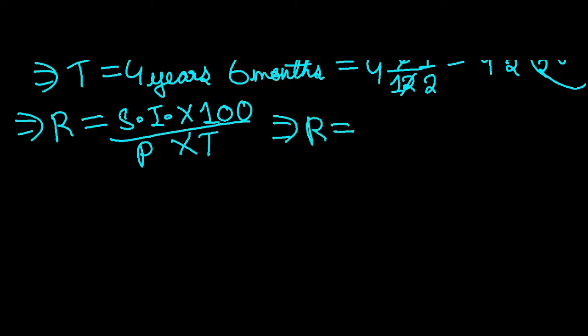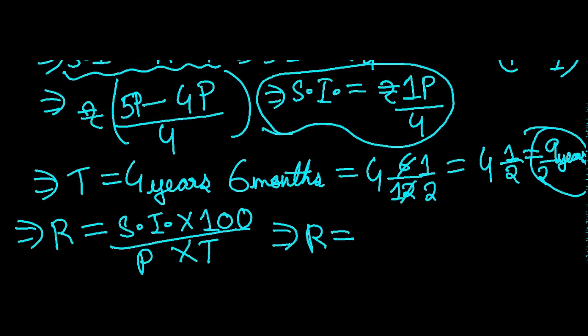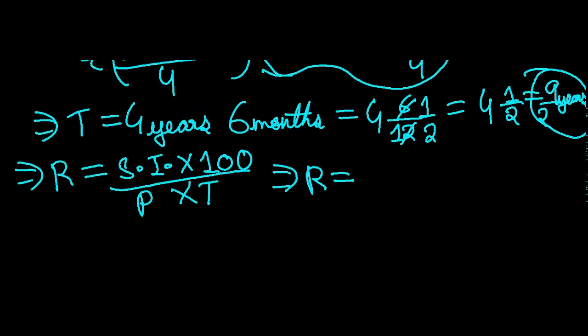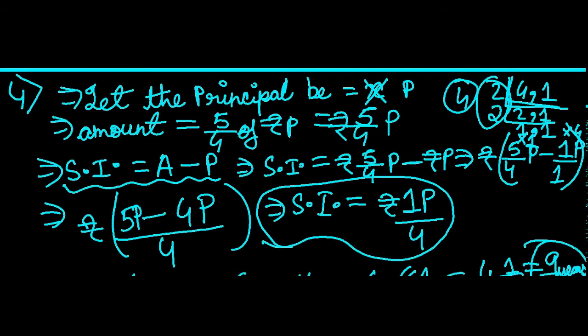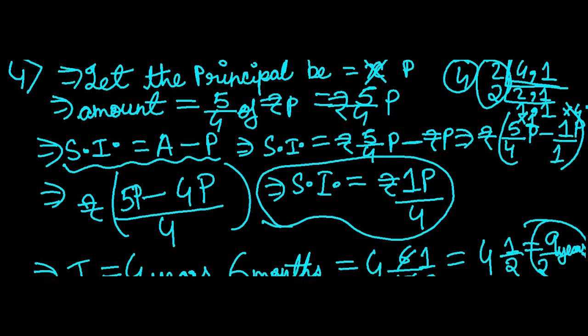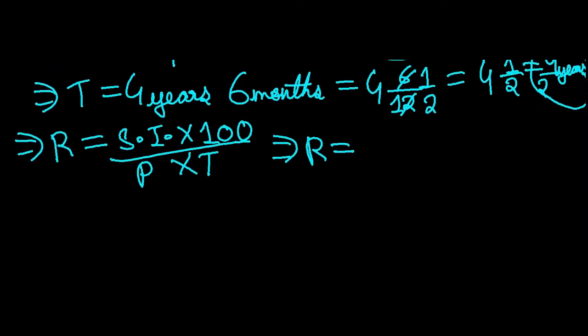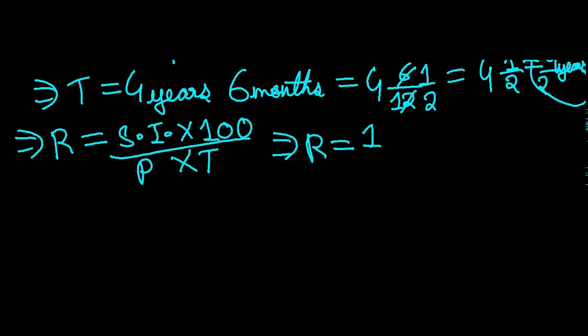R is equal to the SI that we got here. SI is rupees 1 by 4 P. So we will write it as 1 by 4 P here. We will not write the rupees sign here.